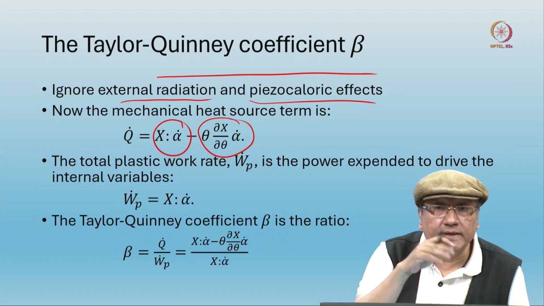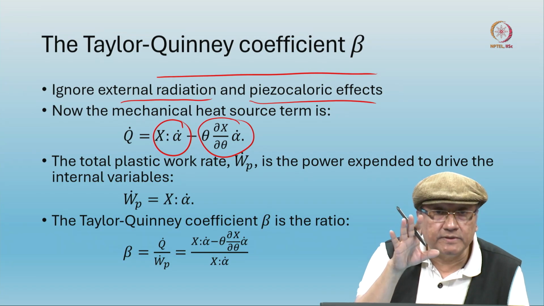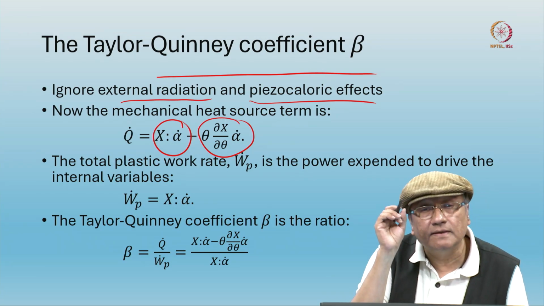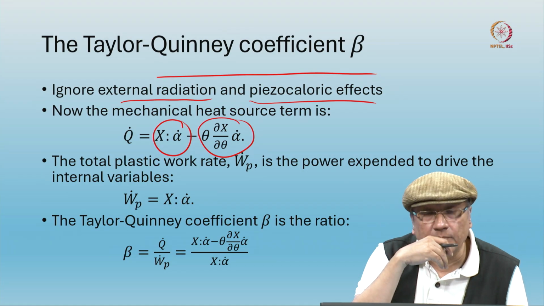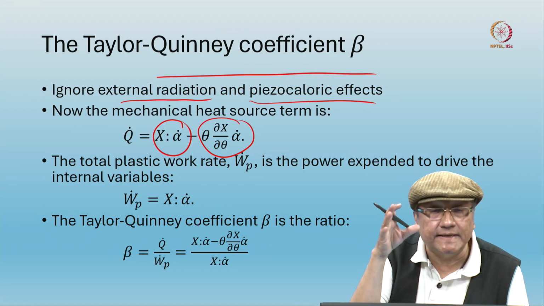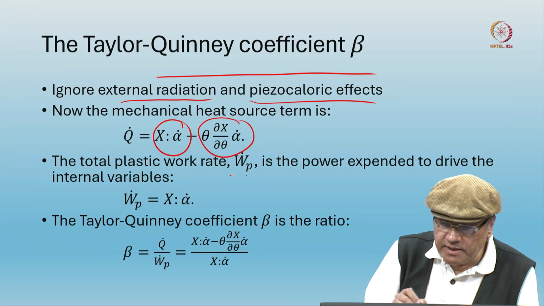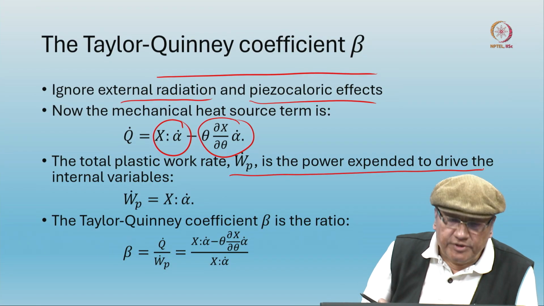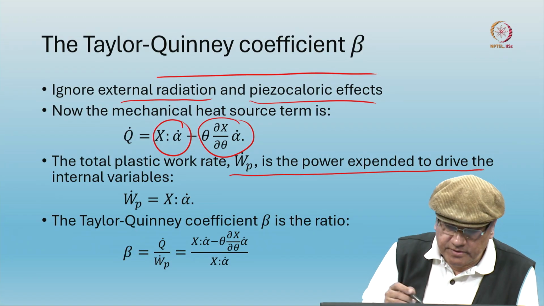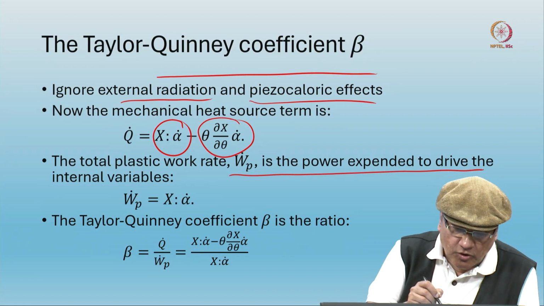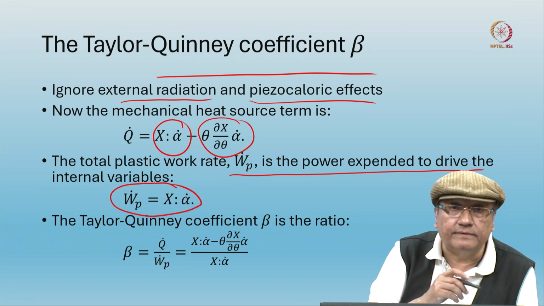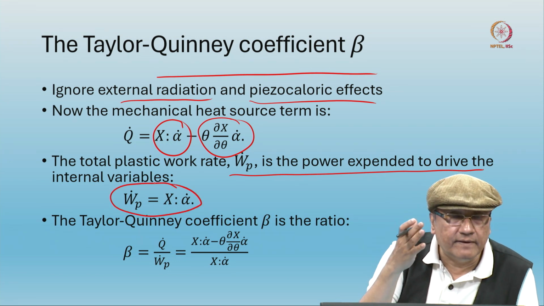Remember that this dot has to be represented properly, because as I told you in the last class, this dot is not a proper dot, because heat is not a proper state. The total plastic work Wp dot is obviously X alpha dot. This is what is written here. That is all that we have actually worked out.